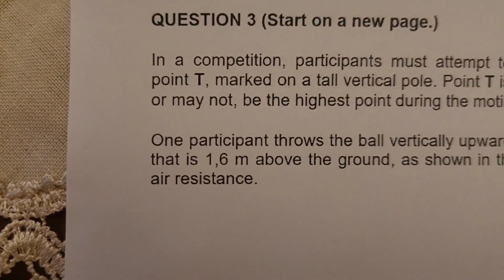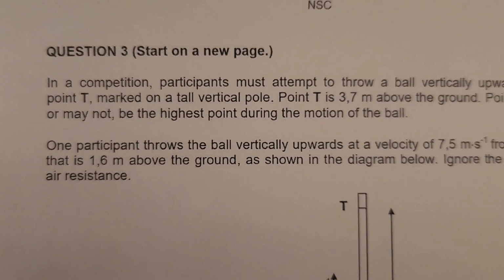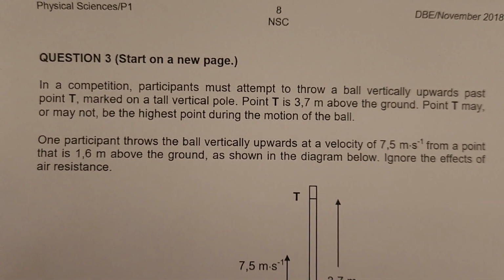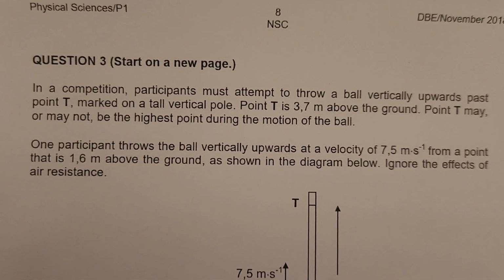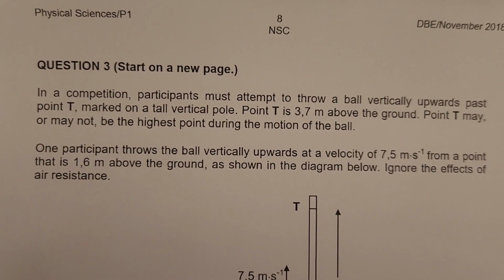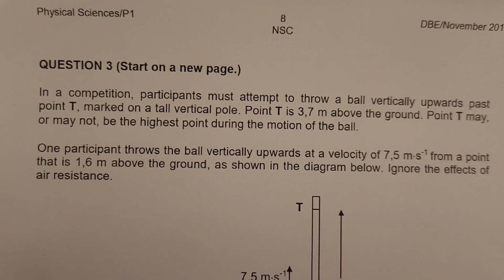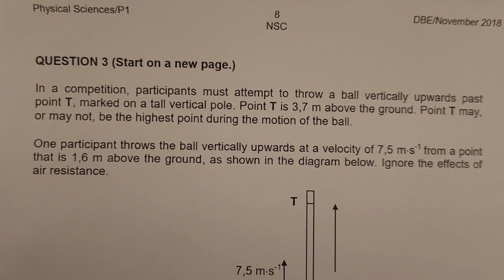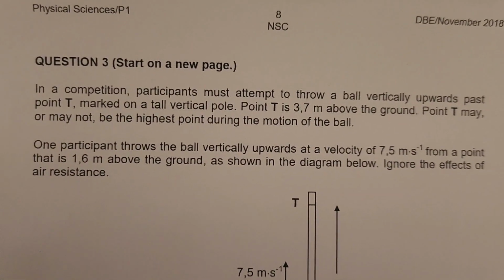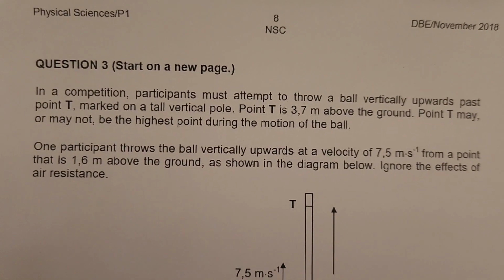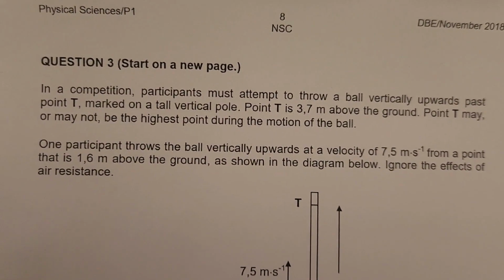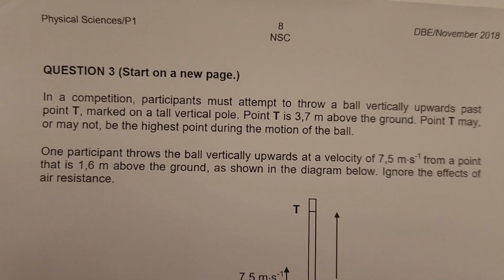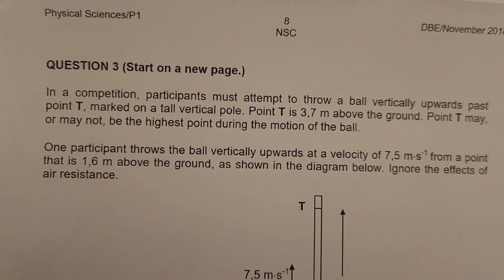It was taken from the November paper, which says: in a competition, participants must attempt to throw a ball vertically upwards past the point T, marked on a tall vertical pole. Point T is 3.7 meters above the ground, and point T may or may not be the highest point during the motion of the ball.